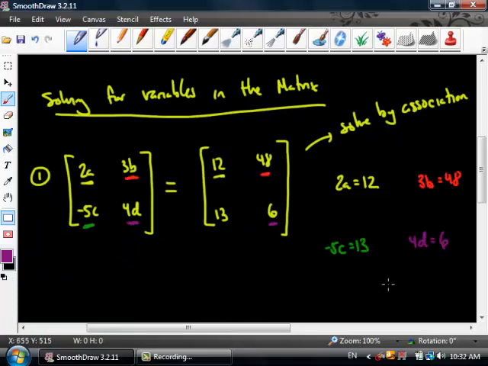All right? So, you guys tell me. A equals, B equals, C equals, D equals. What do we got? Dustin? 3 halves. Yeah, good. Reduce it.